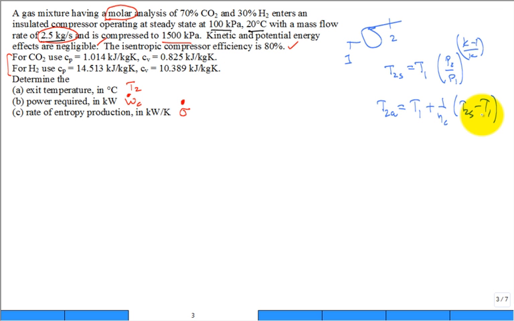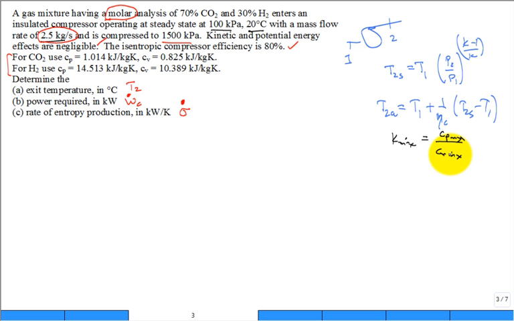So now you say to yourself, if I have a mixture, what changes? Somebody says, I'm your magic genie. I'll answer all your questions. Well, I'd like to know what is K of the mixture. Because if I knew K of the mixture, I would just use the same equations, wouldn't I? So how do I get K of the mixture? C sub P of the mixture divided by C sub V of the mixture.